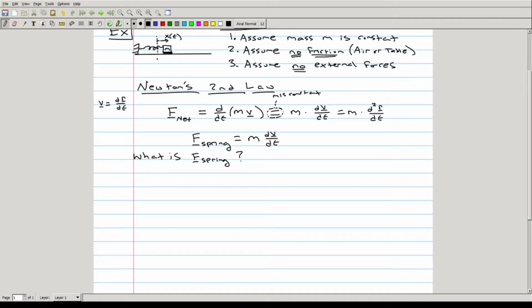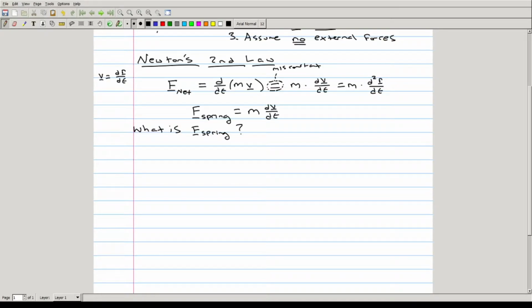And to answer this question, one might take a given spring and do a number of different experiments on it to get some sort of experimental relationship that you can then use in a model.